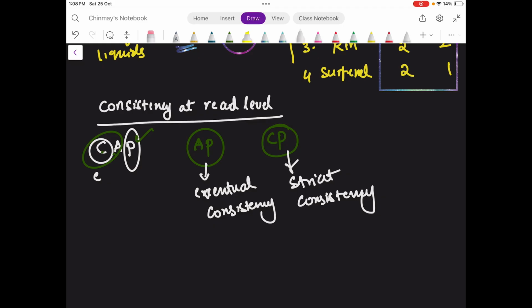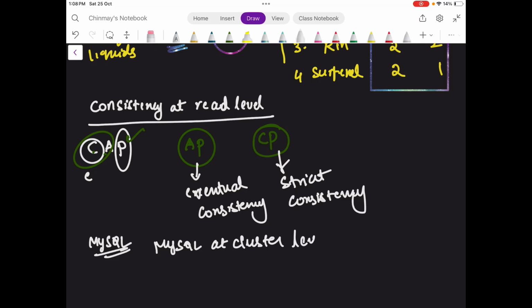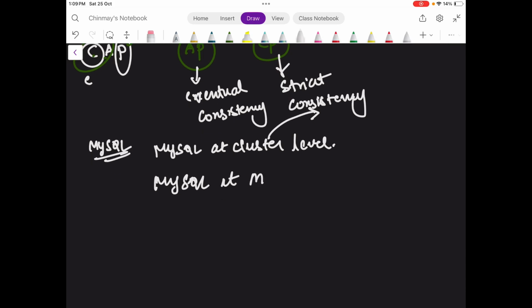Even with relational databases like MySQL, at cluster level it is strict consistency, and with MySQL master-slave architecture, it is eventual consistency.